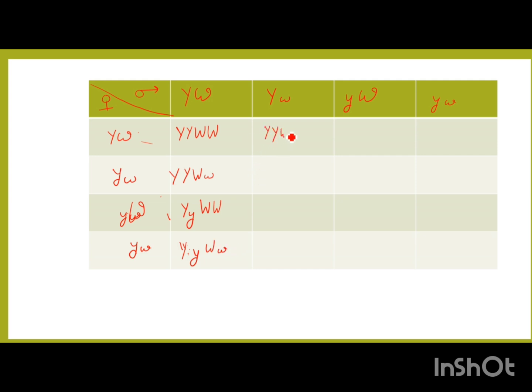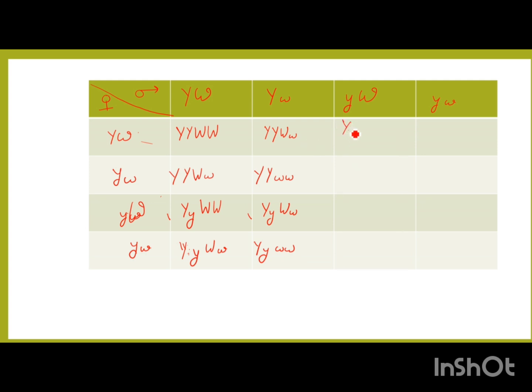So I hope you all know how to make it. We are just writing how the male gametes and the female gametes will fuse to form the combinations. After writing the combination, these are the combinations of the genotypes.